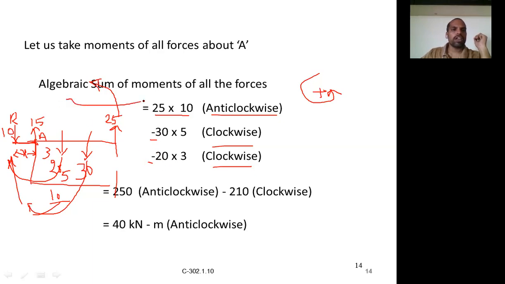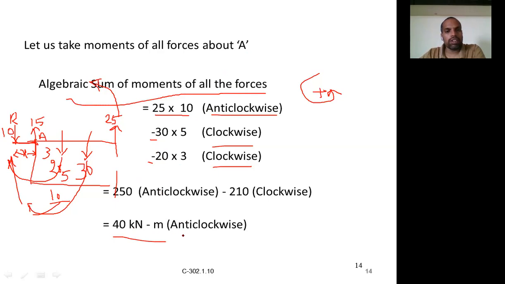This is the algebraic sum of moments of all the forces. 25 into 10 is 250. 250 minus 150 is 100. 100 minus 60 is 40 kilonewton meter.